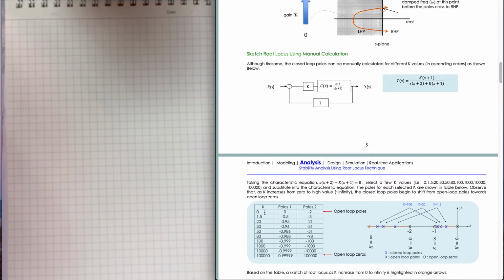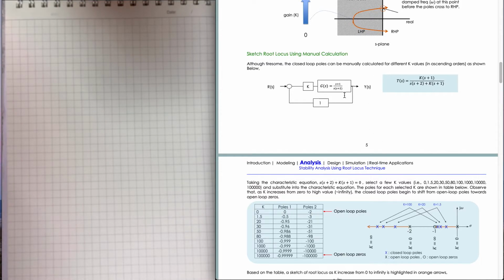You see that as K equals 0, we have 0 and -2, which are the open loop poles, right? So s equal to 0, s equal to -2. The root locus branches will start at the open loop poles.